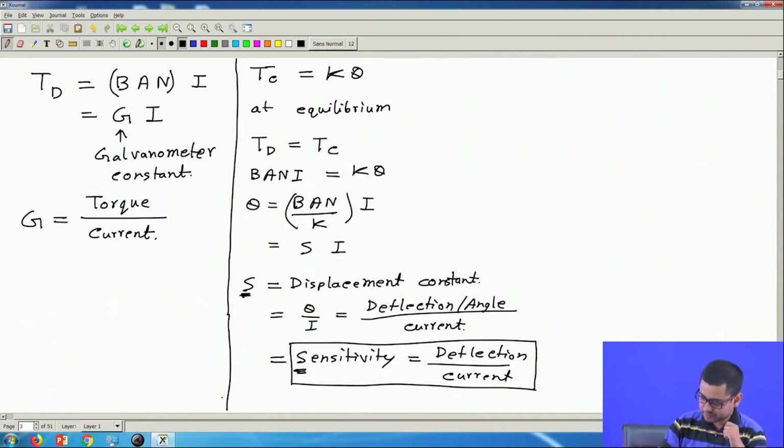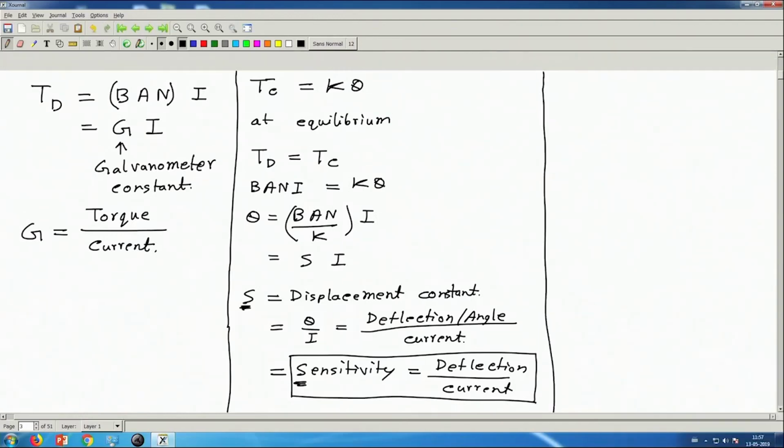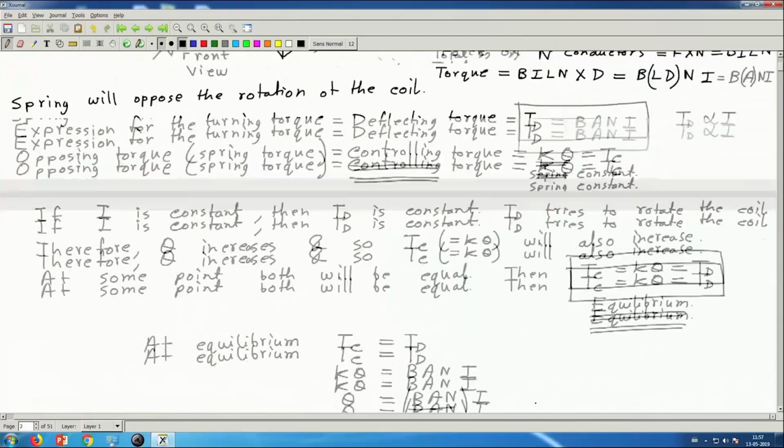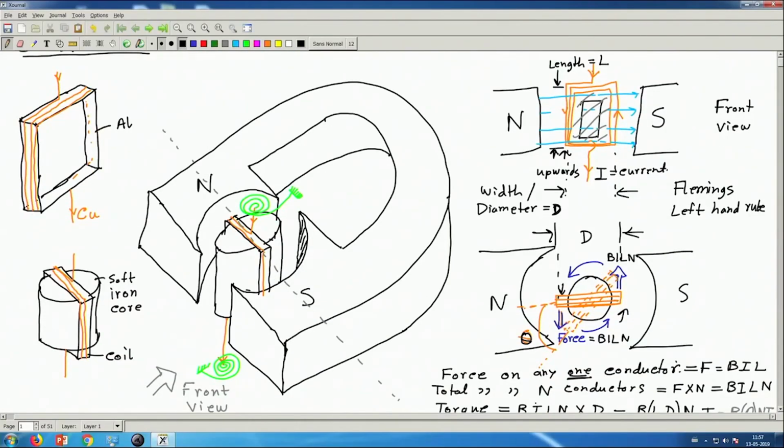Now, I would like to mention some small facts about the construction of this instrument, which is a bit more detailed but it is interesting to know.